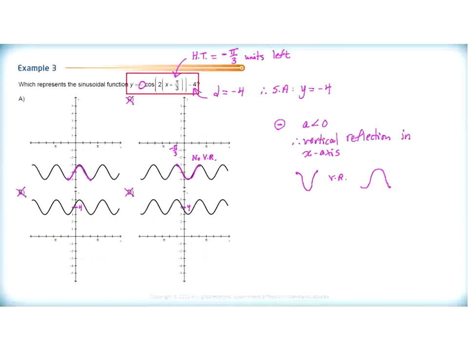You still have your regular V-shaped graph. However, in part A, if you look at the section of the graph that's highlighted there, you have your upside down V, and notice that the graph was translated pi over 3 units to the left. So that corresponds with A as the multiple choice item.